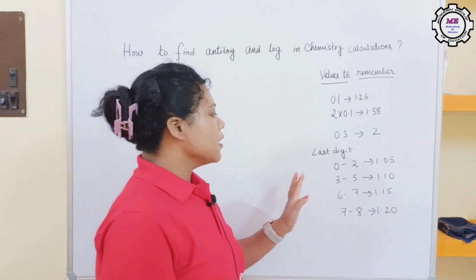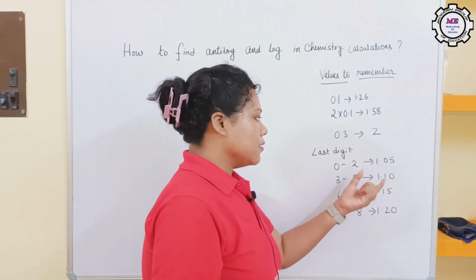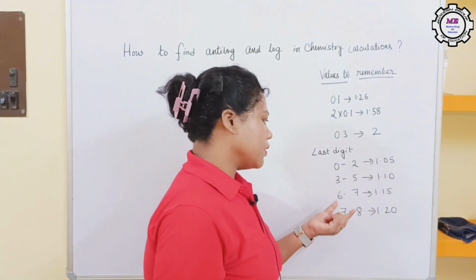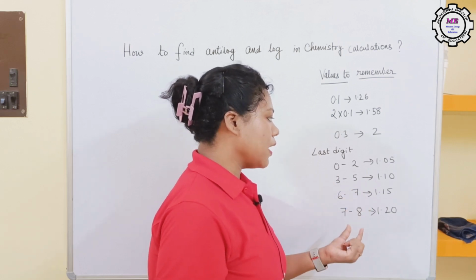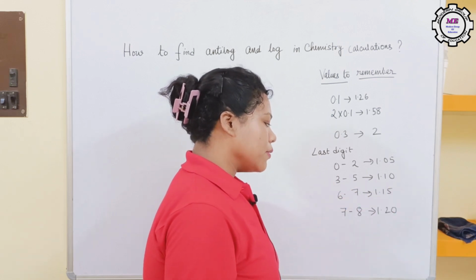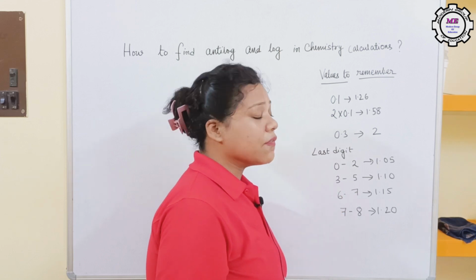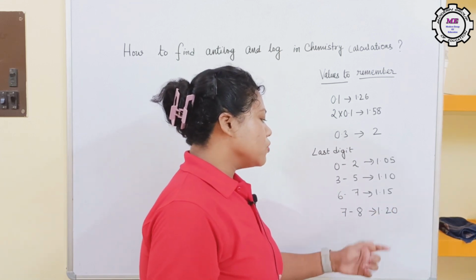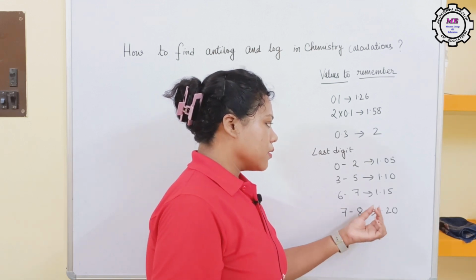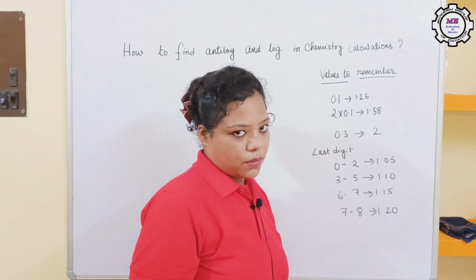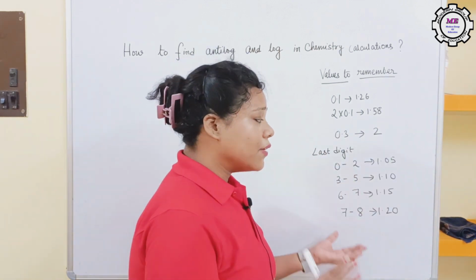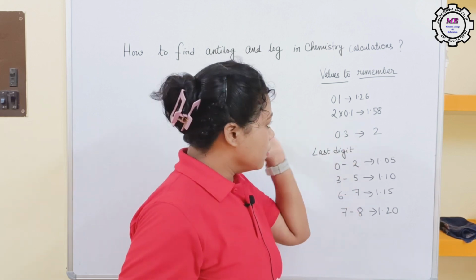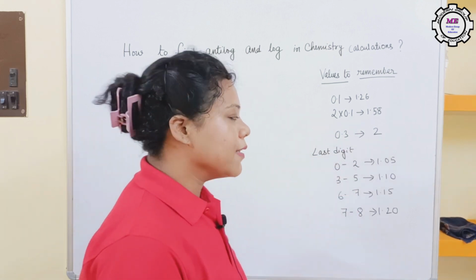Okay, last digit, if 0 to 2 is the last digit, then the value of 1.05 is to be taken, and 3 to 5 is the last digit, then 1.10 is to be taken, and 6 to 7, if that is the last digit, then you have to take 1.15, and 7 to 8 if the value is in the last digit, then 1.20. So what the last digit means, that we will also come to know in the coming processes. Okay, so let's start with log.